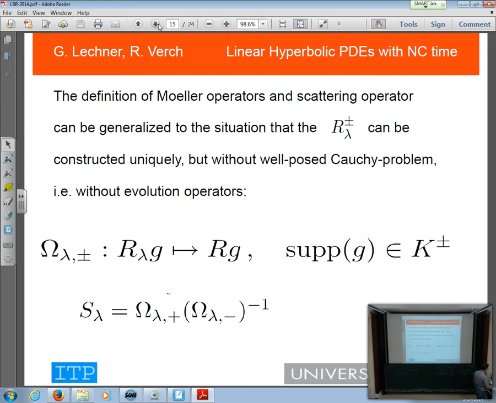Now in our situation, we do not have these time evolution operators from time 0 to time t of the Cauchy data. So that doesn't work. Nevertheless, if there are these unique advanced and retarded fundamental solutions, what we can still do is to define Møller operators and the scattering operator.